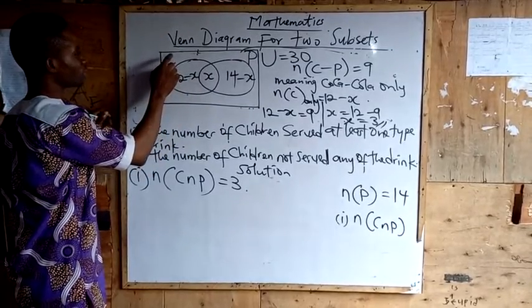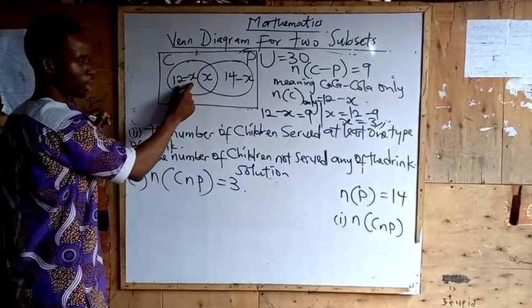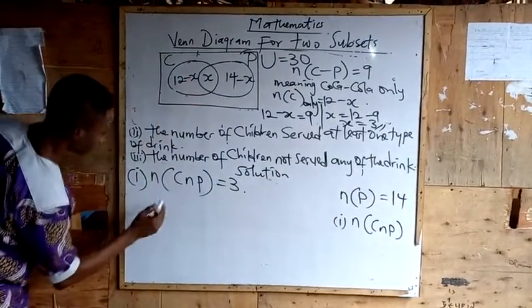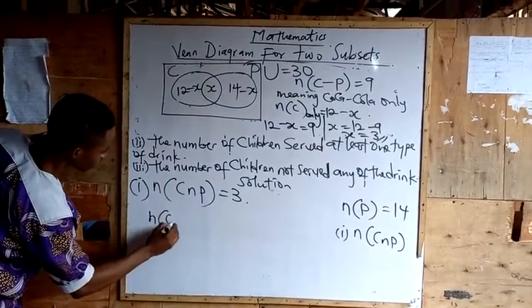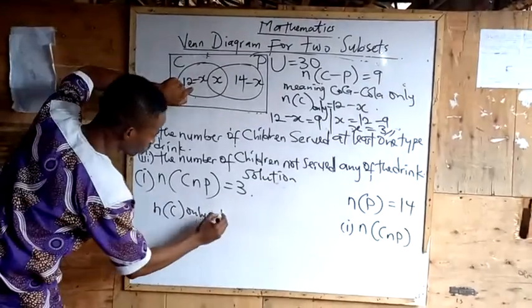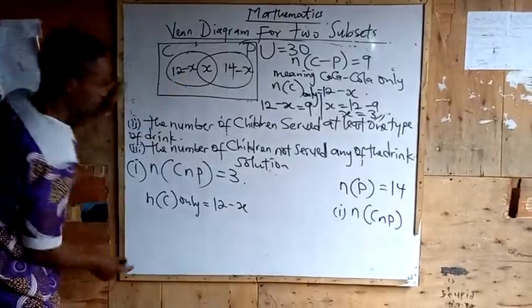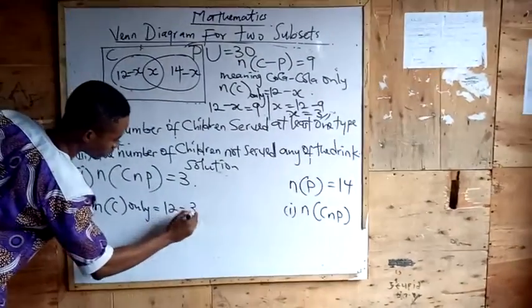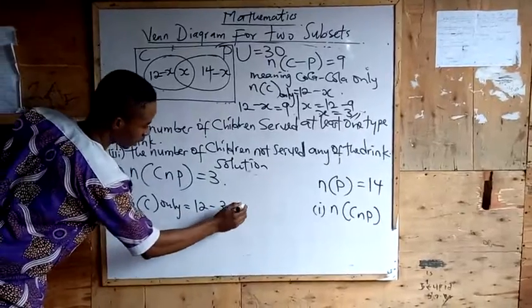If you look at this one, for Coca-Cola only now, it is 12 minus x, and I've known my x to be 3. That means 12 minus 3, that is 9.